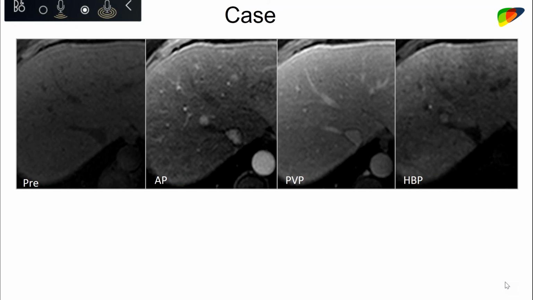So hepatobiliary phase isointensity is an ancillary feature of benignity, and I do find it extraordinarily useful when I see it. Thank you. That's very clarifying. Yeah.